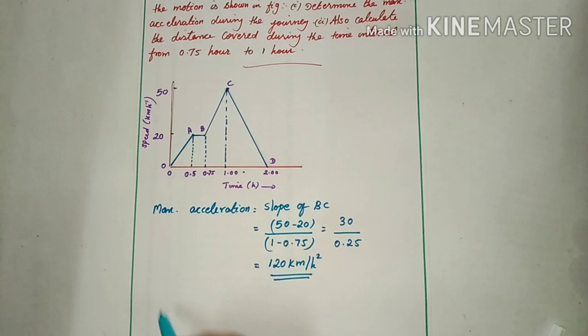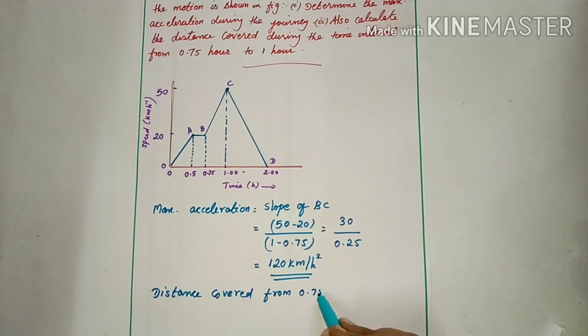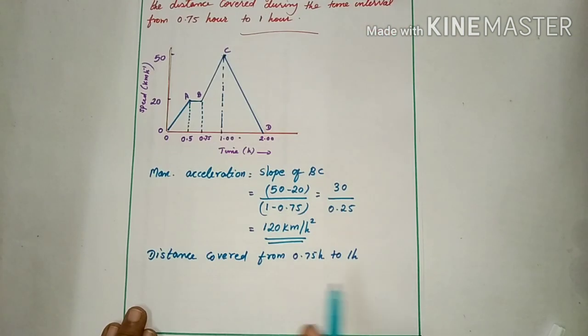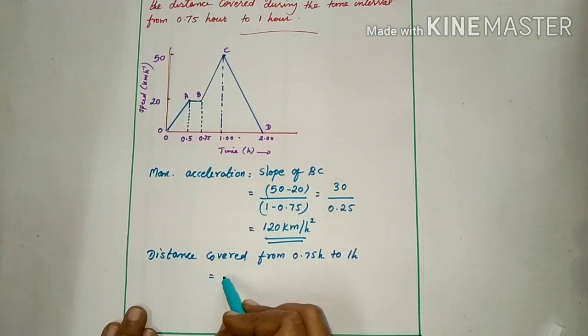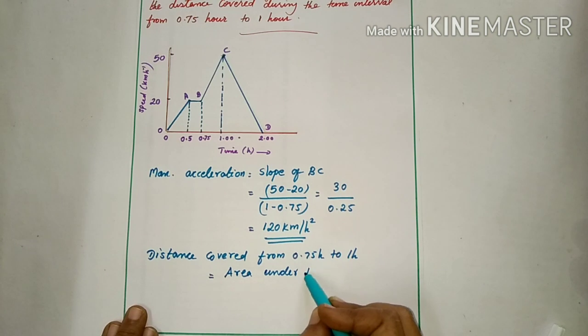So we can write distance covered from 0.75 hour to 1 hour is equal to the area under the curve.